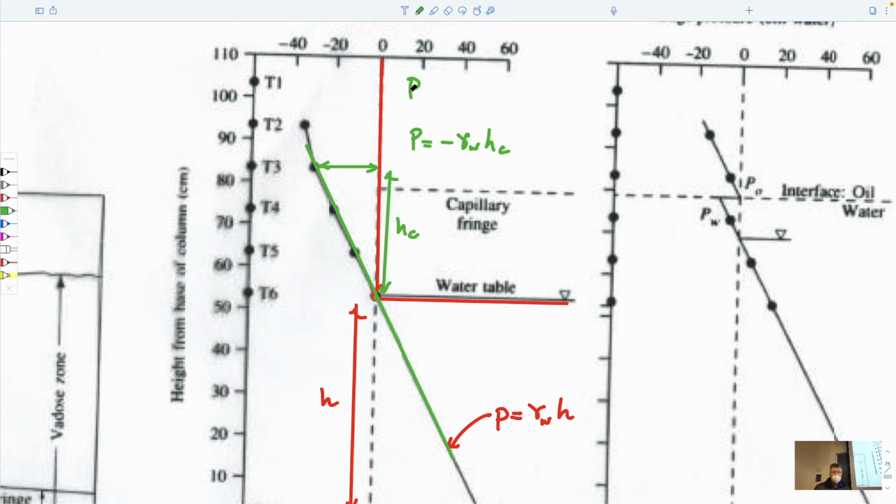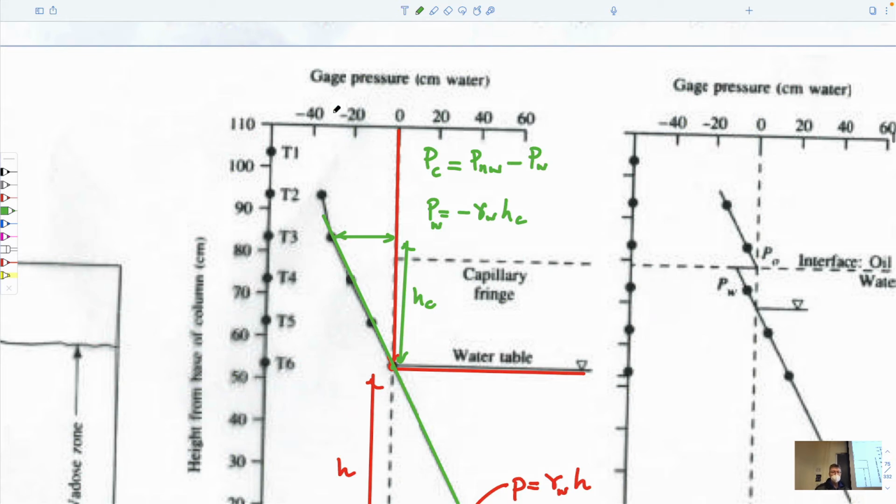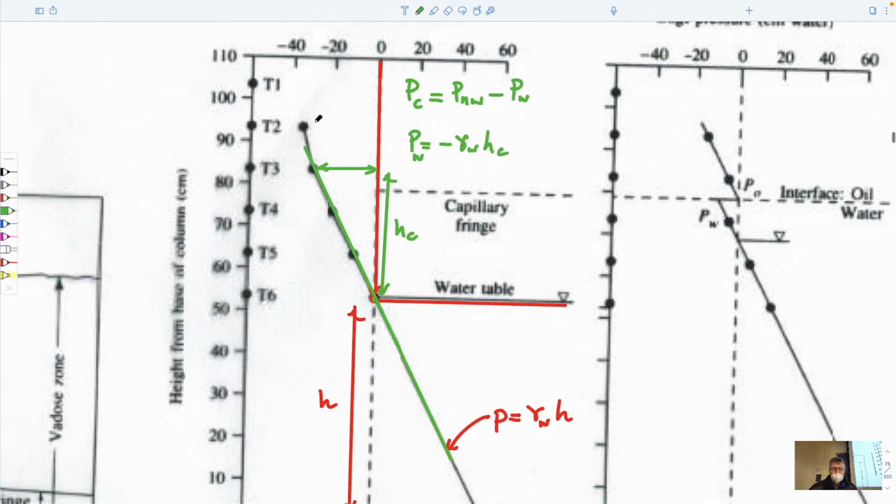The capillary pressure is given by the pressure in the non-wetting minus the pressure in the wetting. The pressure in the wetting is in tension, so a minus minus a minus, this is essentially 0, is a positive. So this would be a positive capillary pressure, but it's defined in gauge pressure in centimeters, actually defined by a height. So this is in centimeters. There's an equivalence, so this would be the height of a column of water. I think I'm over-explaining it.